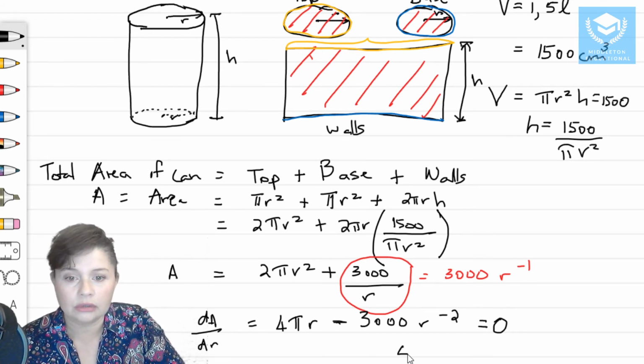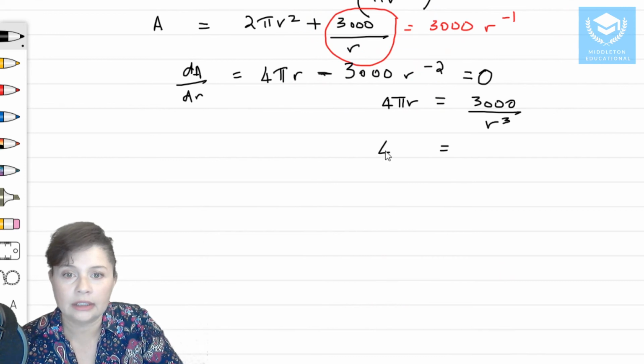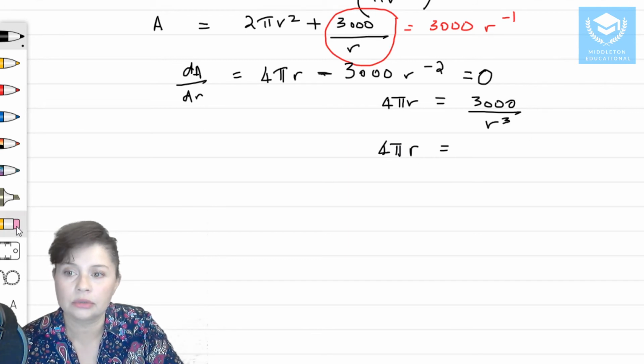So we've got 4 pi r equals 3000 over r squared. I cross multiply, I get 4 pi r cubed equals 3000. Oh, that must be squared, not cubed.